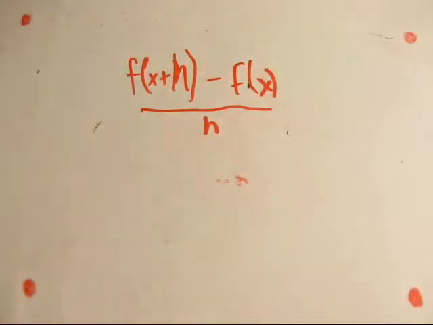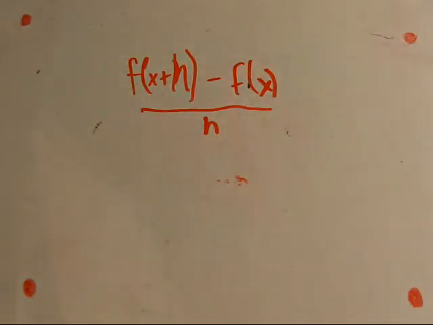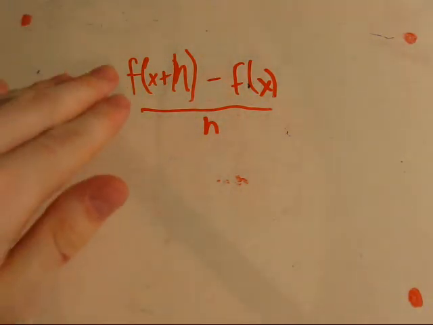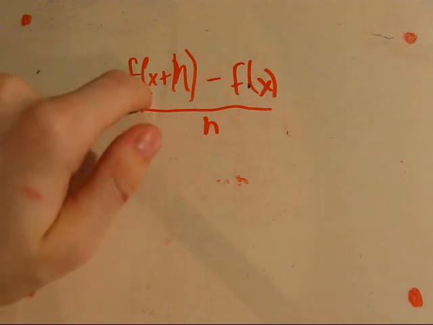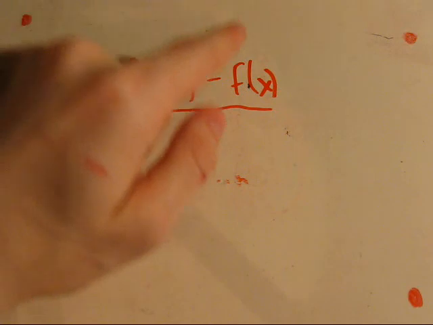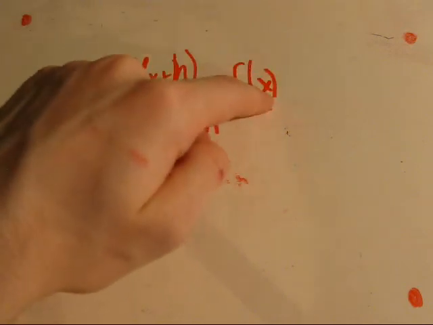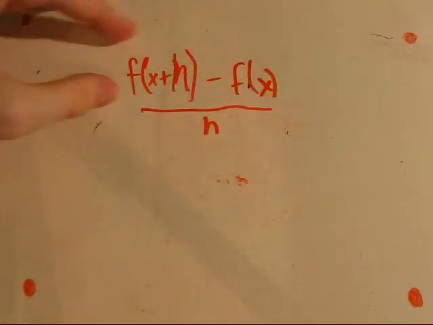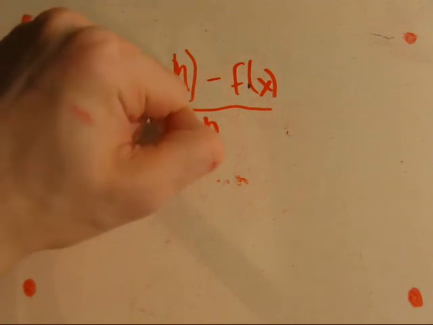Now, when we get farther into my tutorial, I will tell you about the properties of functions and how you would actually solve one of these problems. But basically, you would take your f of x plus h, then subtract the f of x, and divide that whole answer over h. But we'll get to that later.